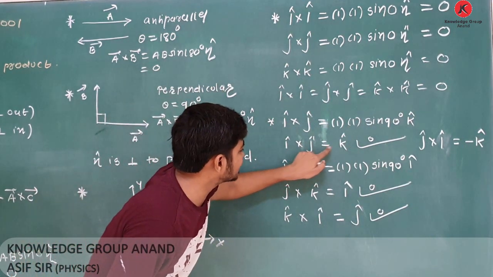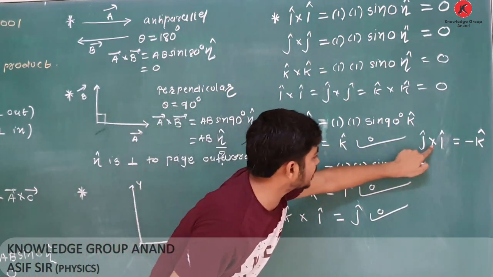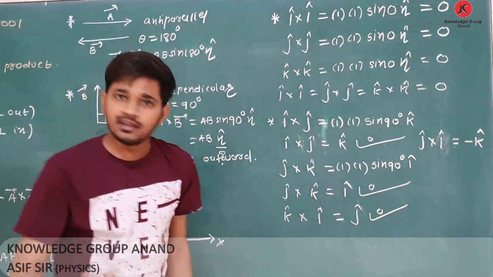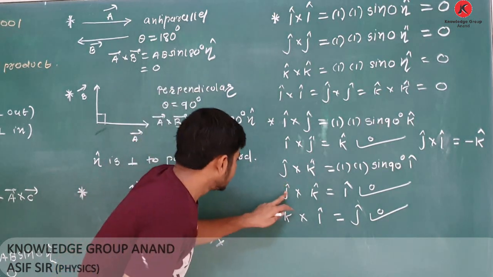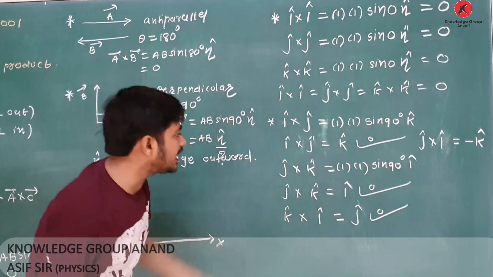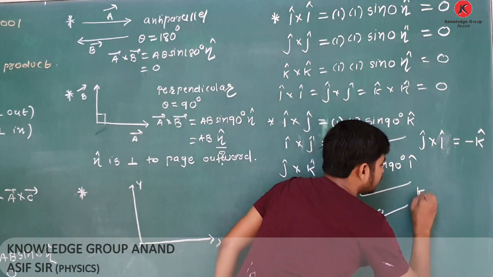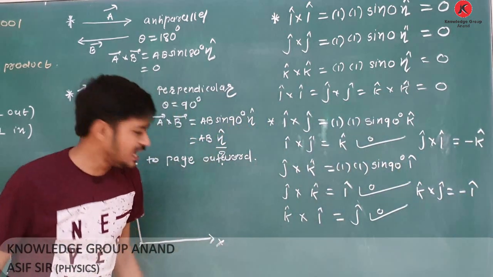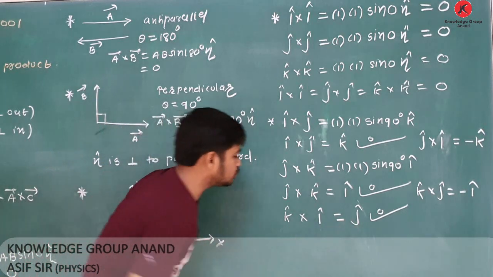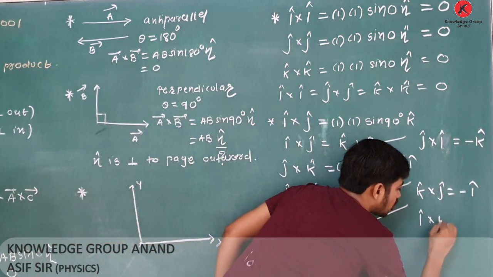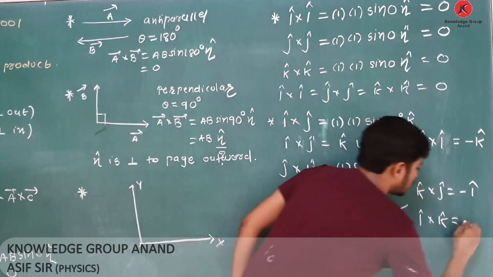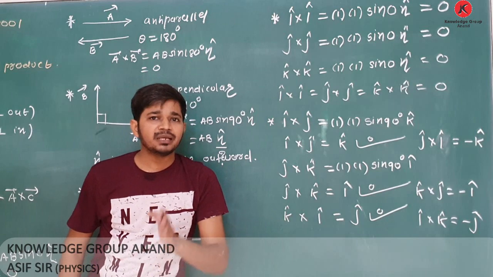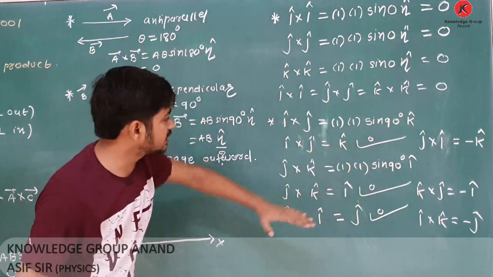J cross k is equal to i caret, then what is k cross j? It is minus i caret. K cross i is equal to j caret, then i cross k is equal to minus j caret. Clear here? So yes, you have to remember these six points.